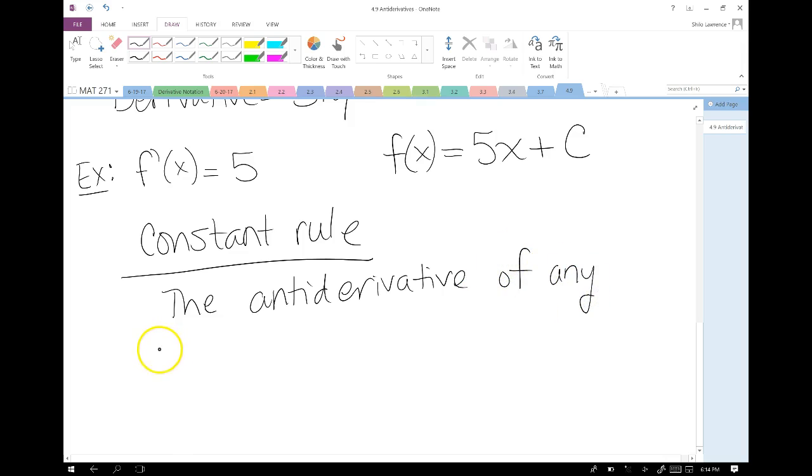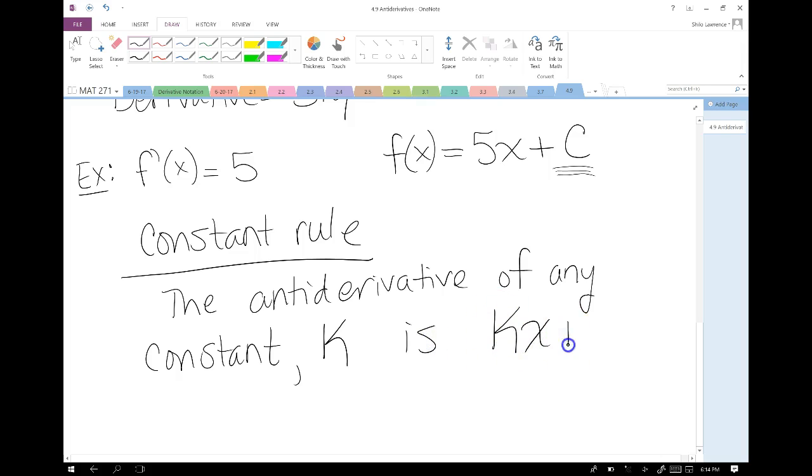The antiderivative of any constant, and I don't want to use the letter C because we always use C as our arbitrary constant here at the end, but the antiderivative of any constant K is Kx plus C. Because remember, what we're talking about is undoing a derivative.